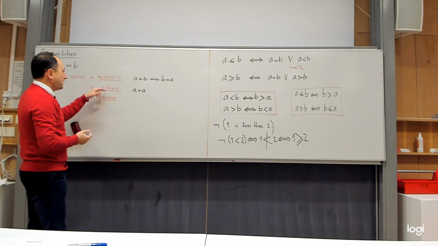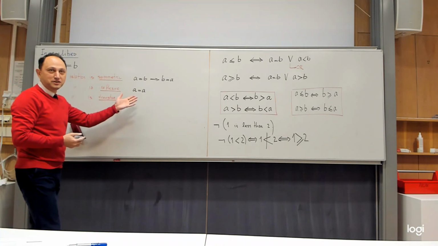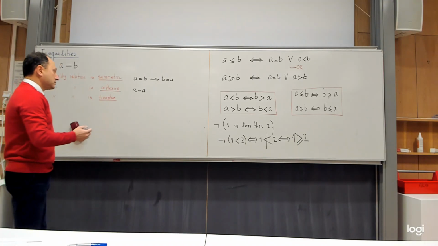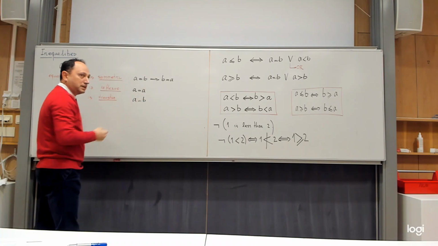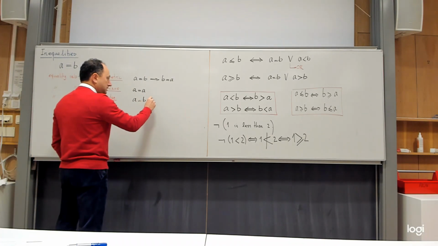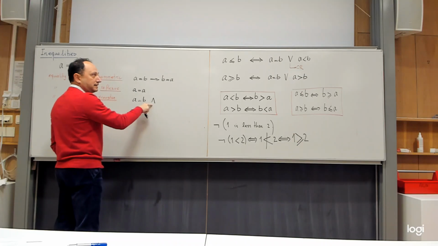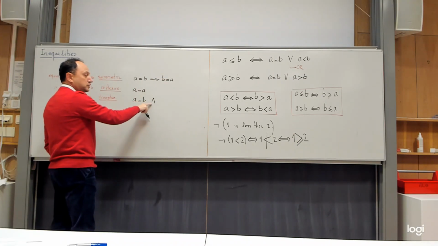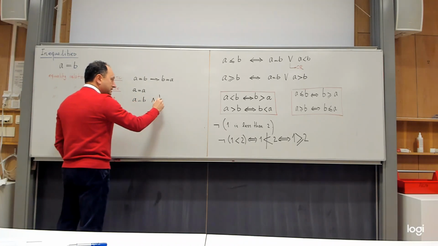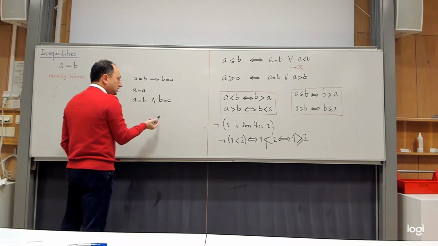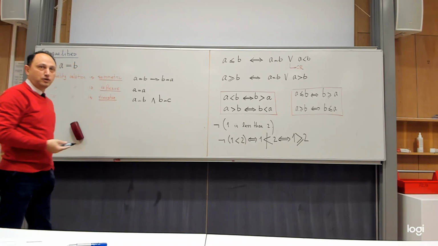Of course, these are fancy names for simple properties that you already know. Yes? So transitive means that if A is equal to a number B and simultaneously, this is the symbol we use for and. That was for or, this was for and. If A is equal to B and B itself is equal to C, you don't even need me to answer what will happen then.